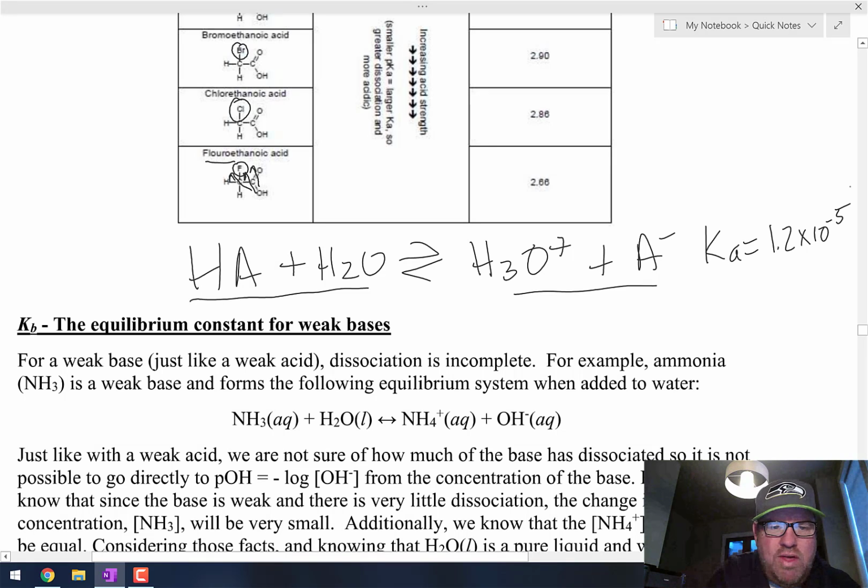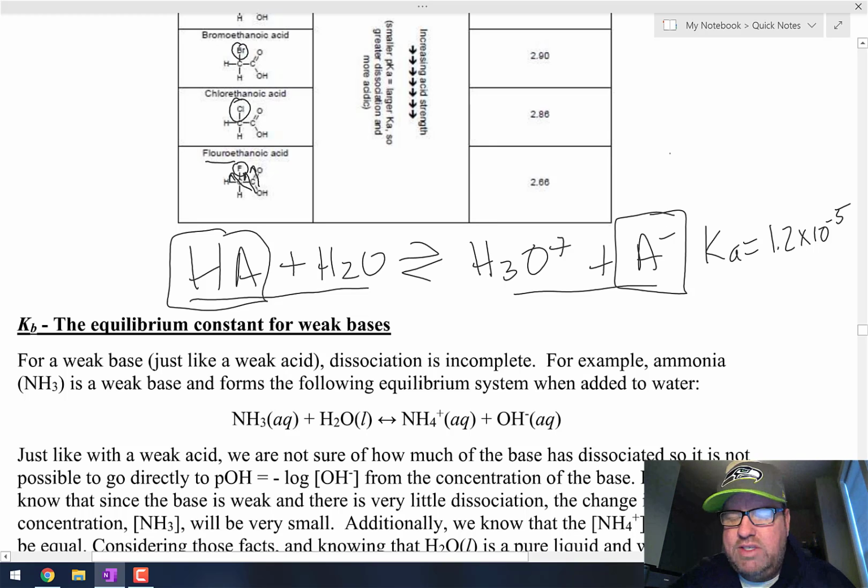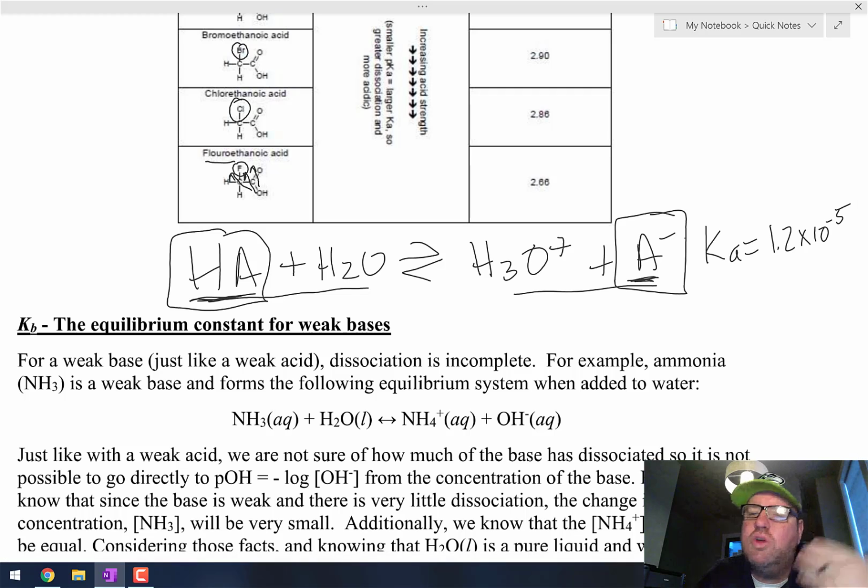We know that when a weak acid, or any acid, creates an acid-base reaction, over here this creates the conjugate base. And a conjugate base, even though this is a weak acid, and therefore this is a stronger conjugate base, theoretically that conjugate base also can create an equilibrium system.